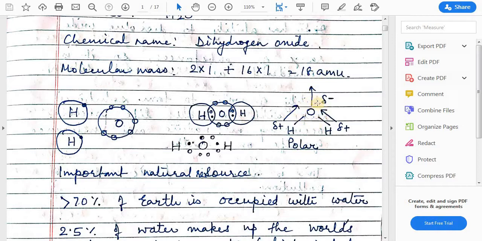Oxygen has more electron pulling power than hydrogen. So oxygen pulls the bonded electrons as well as its own electron towards itself. So there is a little negative charge which is shown by delta negative, and a little positive charge which is shown by delta positive. So there is a charge difference over here.